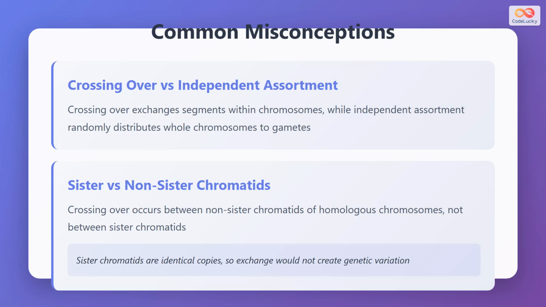The second misconception involves which chromatids participate in crossing over. Crossing over occurs between non-sister chromatids of homologous chromosomes, not between sister chromatids. This distinction is crucial because sister chromatids are identical copies of each other, so exchanging material between them wouldn't create any genetic variation. Only exchange between non-sister chromatids from different homologous chromosomes produces new genetic combinations.